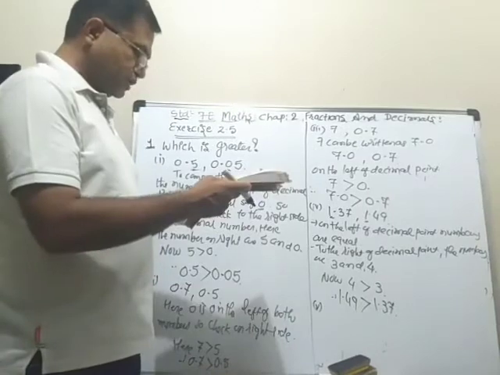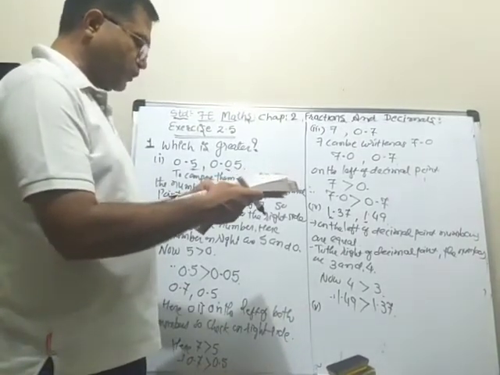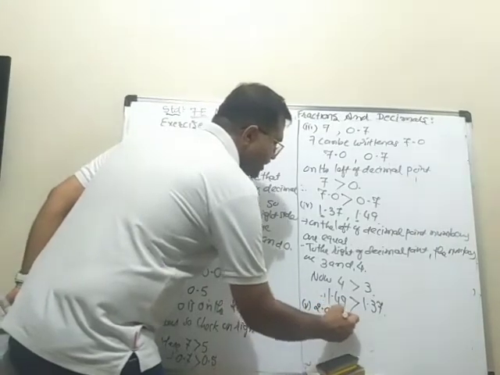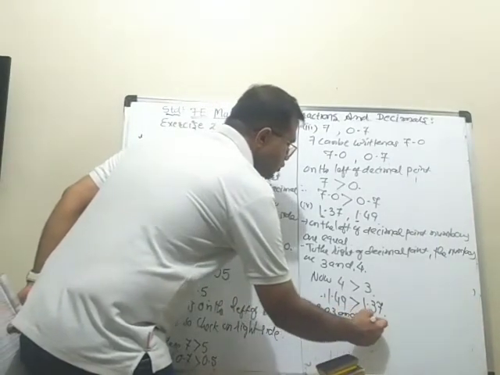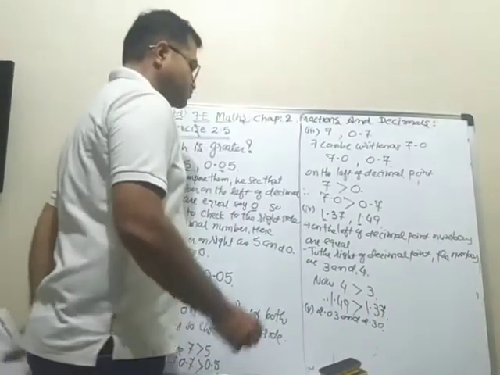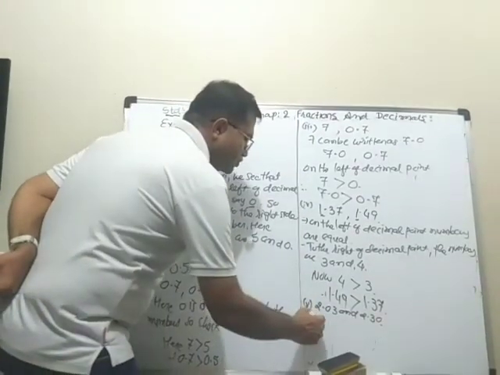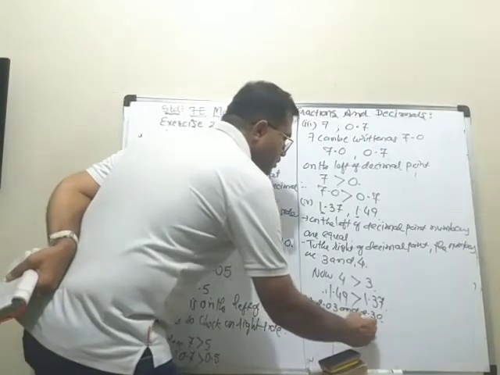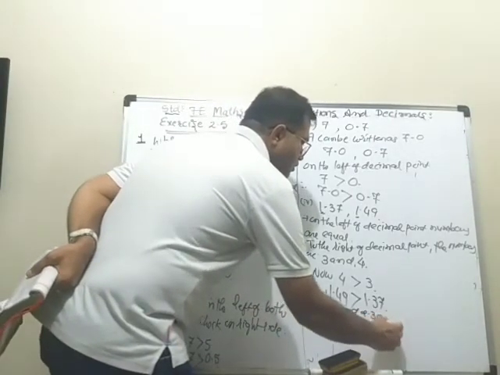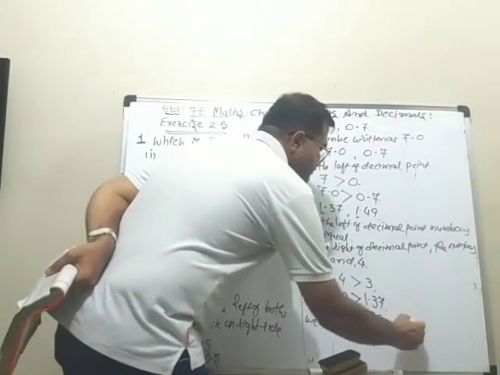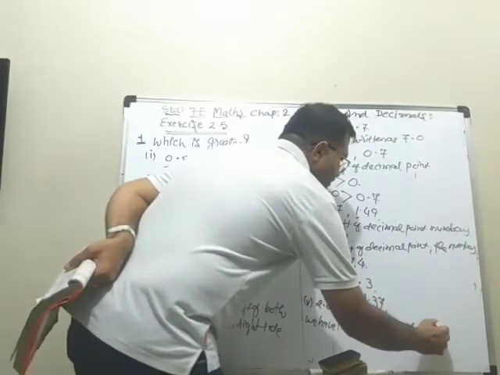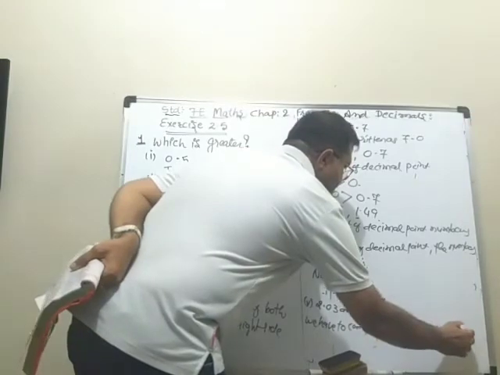So now the fifth one. The fifth one is 2.03 and 2.30. So here also we have to compare only to the right side.